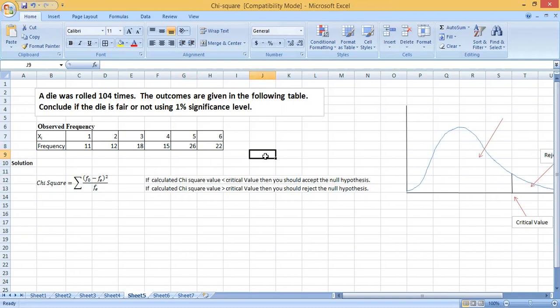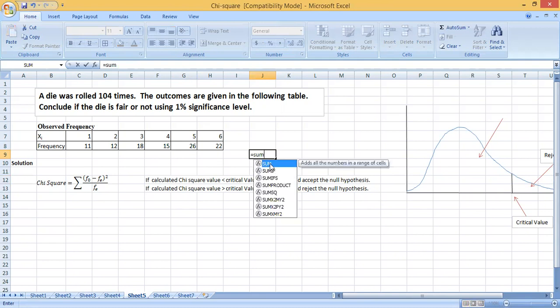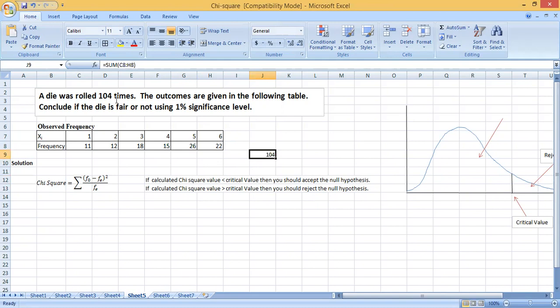Now, if we count the sum, it is 104. So a die was rolled 104 times. The outcomes are given in the following table, and you have to conclude if the die is fair or not using a 1% level of significance.